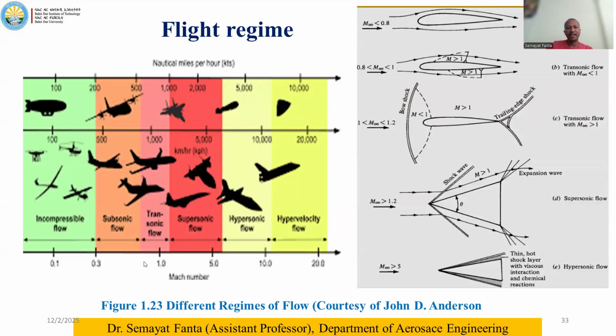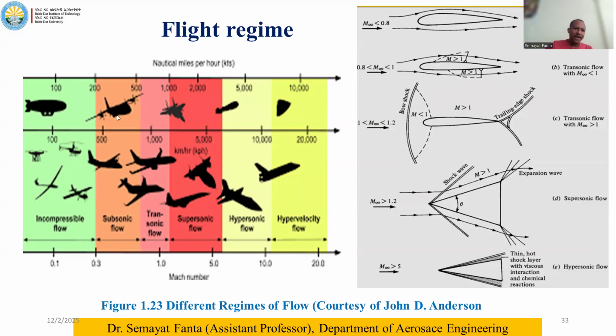Then from 0.3 up to some region, we can say subsonic flow. Incompressible flow, then subsonic flow from 0.3 up to nearly 0.8, which is called subsonic flow. This is another flight region with a different color, as you can observe here.